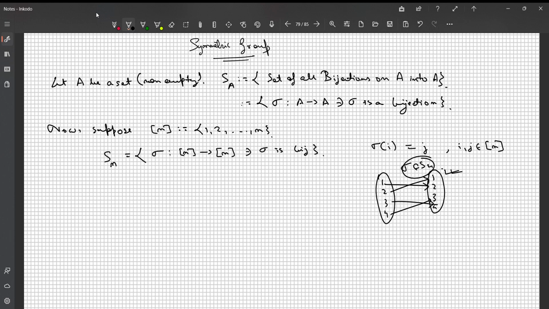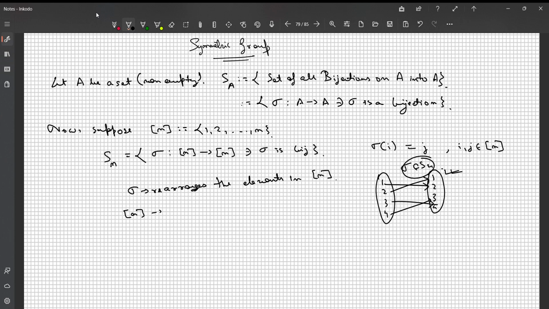Now obviously whatever I said just now has a very trivial implication, that is, sigma rearranges the elements in block n.